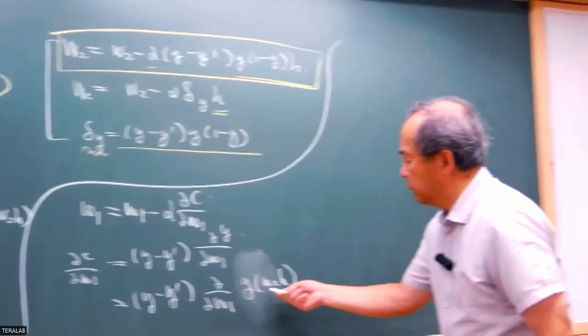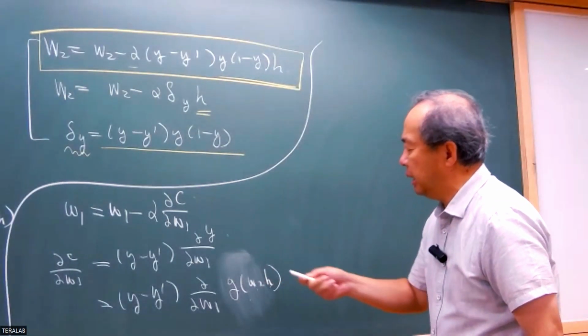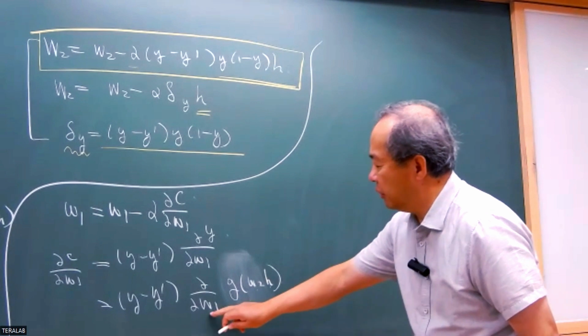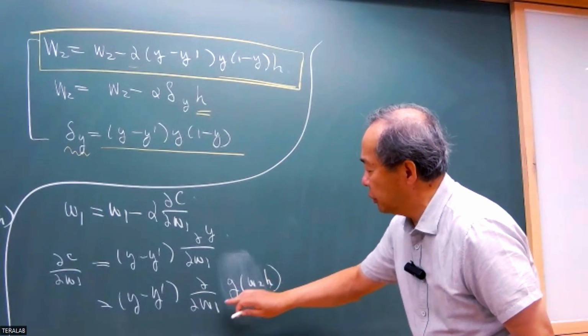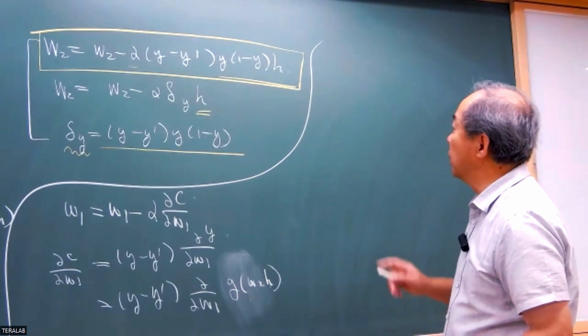Actual output is W2 multiplied by the hidden layer. We have to do the derivative of this sigmoid function with respect to W1.